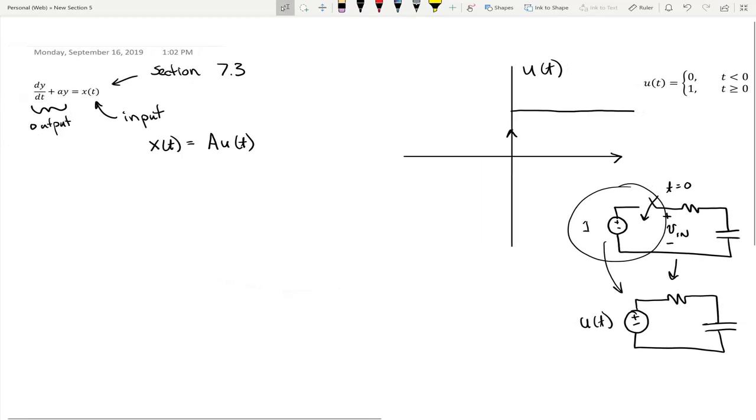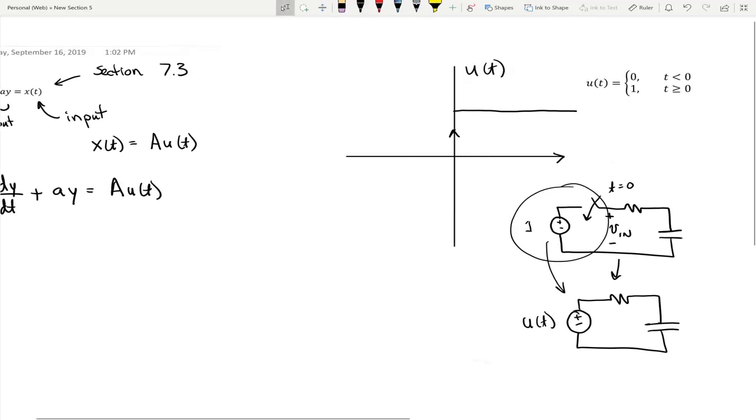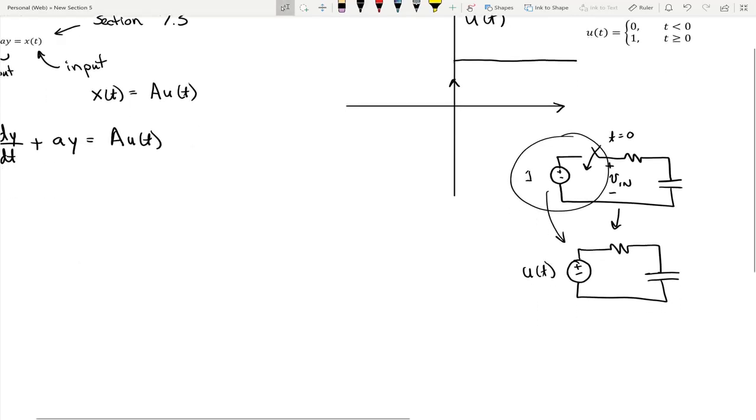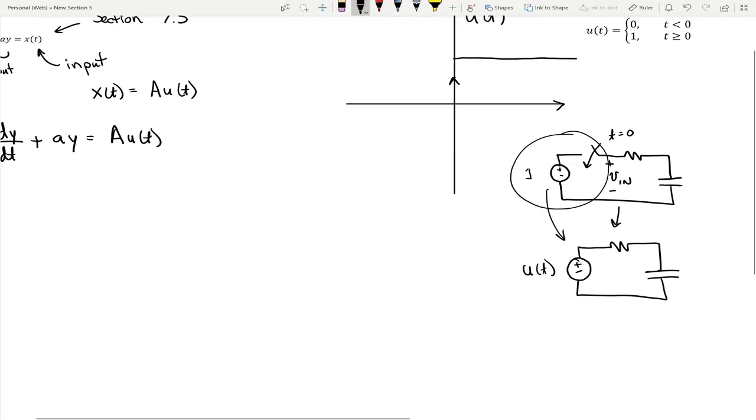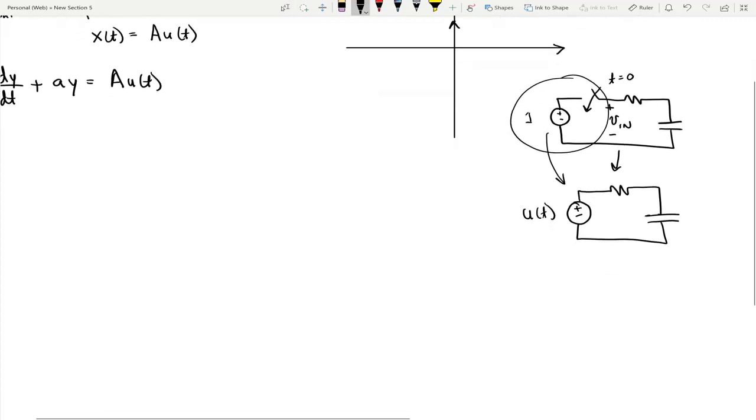Okay? So imagine that's the type of problem I'm going to first try to solve. So I'm going to say I've got a situation where I've got dy by dt plus a y equals a u of t. If I were to write a differential equation for this circuit to figure out V out, with V in equal to u of t, you guys should be able to write it.